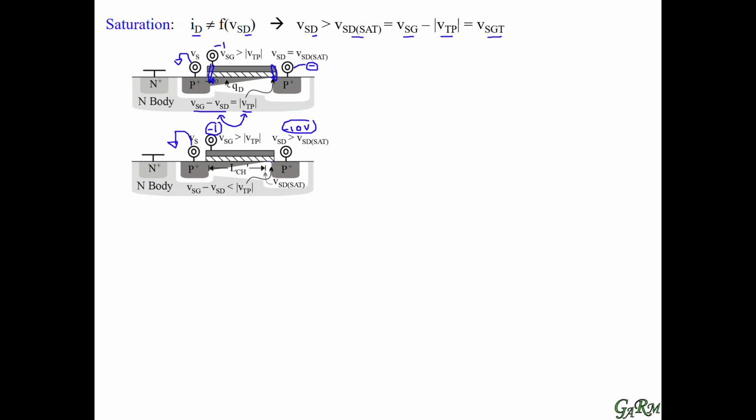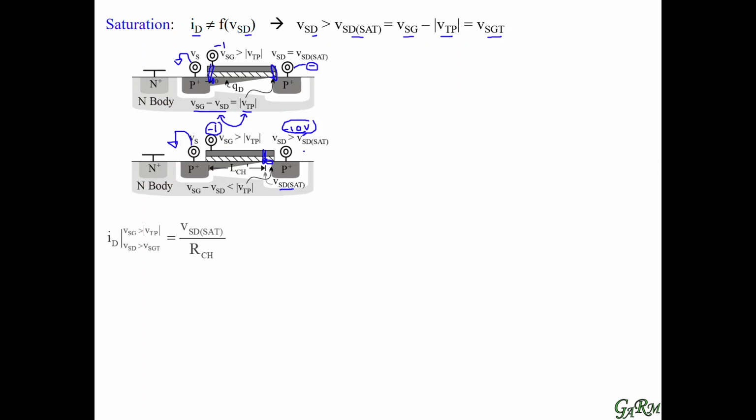And what we see here then is the point where the channel pinches, the voltage across the gate there is just at the threshold level because that's how it pinches. So that voltage there is just a saturation voltage. And this space here drops the difference between the saturation voltage and whatever voltage we apply to the right-hand terminal.